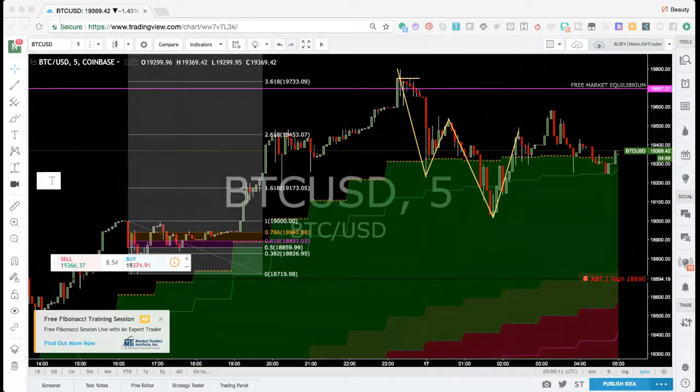And math ain't going to lie. Am I correct on that? Well, it depends on who's running the ledger. Well, I mean, that's an analogy too, but real numbers and real charts, they're not gonna lie.